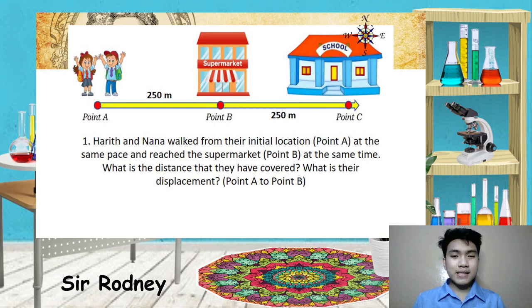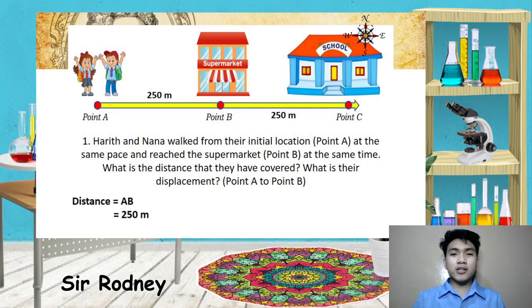What is the distance that they have covered? In order to find the distance that they have covered, we must find the distance between point A to point B. As seen in this figure, the distance between point A to point B is 250 meters.